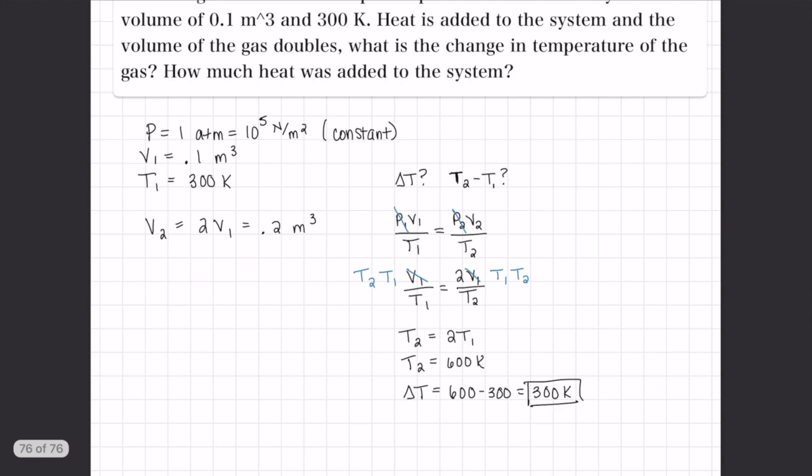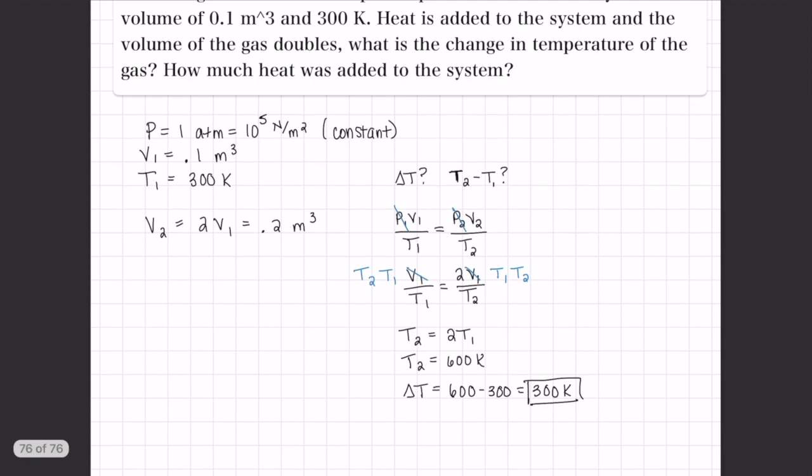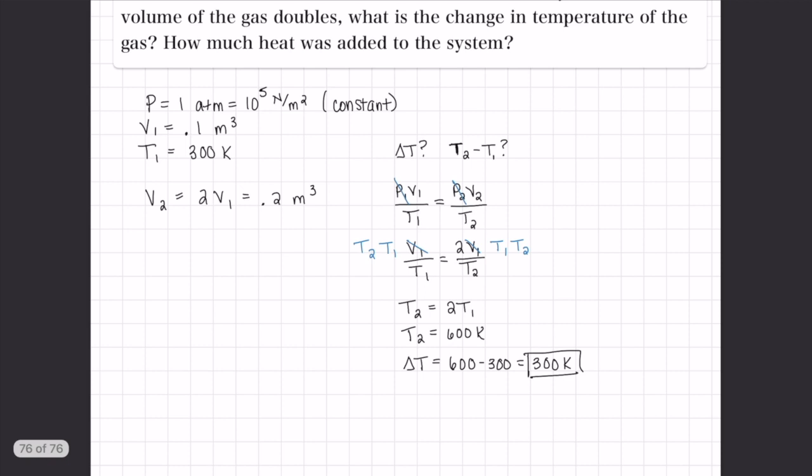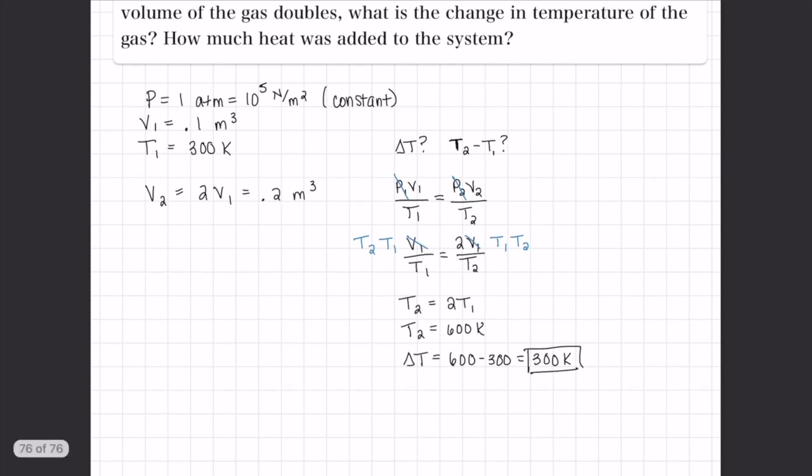Okay, so then if we know that, how much heat was added to the system? Before looking at that, we're going to look at the thermodynamic equation, which is our change in U is equal to Q minus work done on the gas.